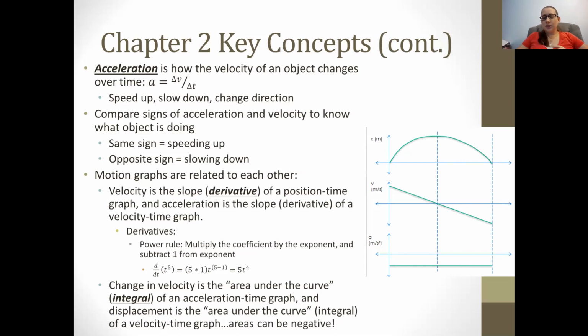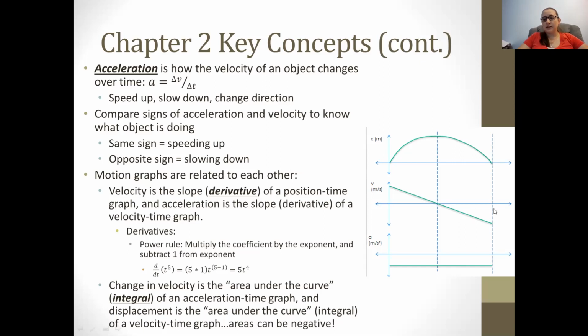Now, remember, this terminology is a little bit misleading. Area under the curve actually means the area between the curve and the x-axis. So that means that our area can be positive if it's above the x-axis, or it can be negative if it's below the x-axis.